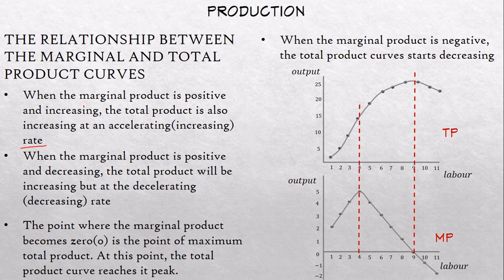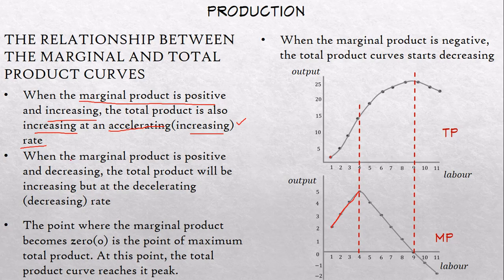So take note, when the marginal product is positive and increasing, the total product is also increasing, but at an accelerating rate. As the marginal product is positive and increasing, the total product is going to increase, not just increasing, but increasing at an increasing, more than proportionate rate. That is what the first relation states.